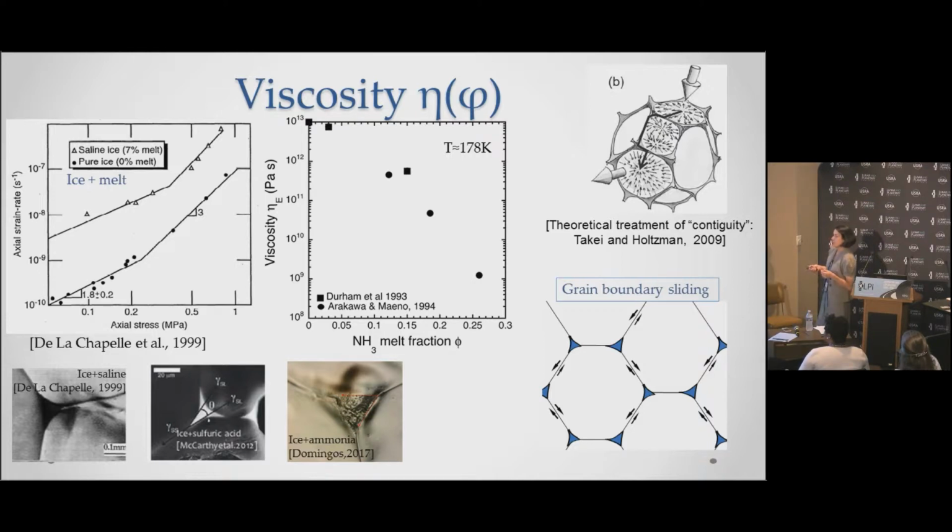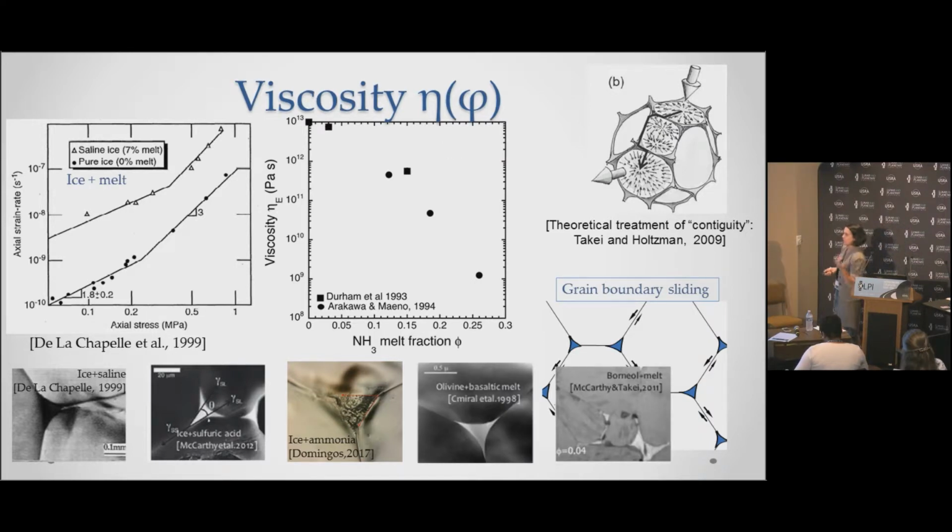And in particular, if it has dihedral angles, in many cases they will have similar mechanical behaviors. So all of the ices that I'm familiar with, ice plus saline, ice plus sulfuric acid I measured, ice plus ammonia a student of mine measured, ice plus plain water, all have an angle between 20 and say 45 or so, which coincidentally is very similar to the dihedral of olivine plus melt, as well as borneol plus melt that you're going to hear a lot about, because this is what I studied when I did my postdoc in Japan.